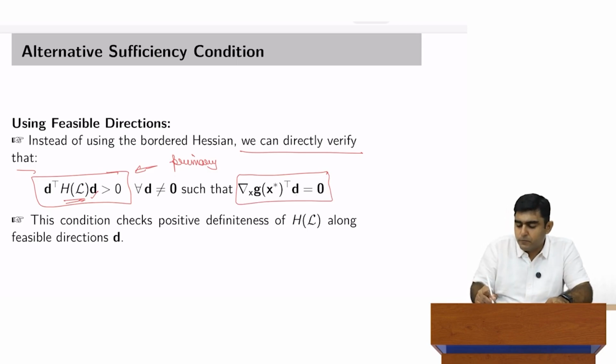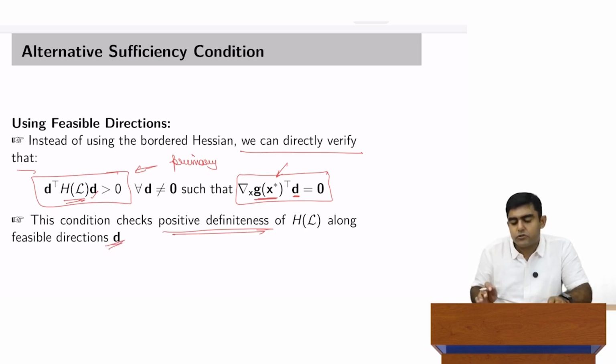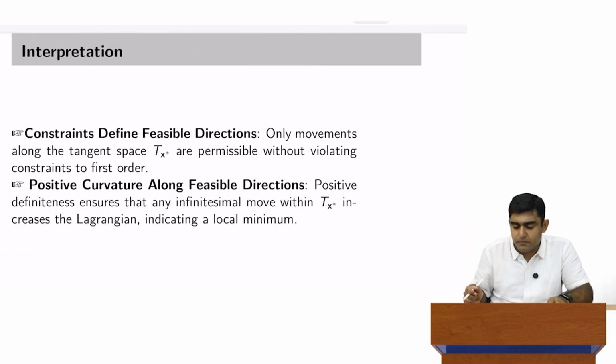That means, if we move a small perturbation in the tangential direction of g x, we are not leaving the curve, and if this condition is satisfied, we can also ensure the positive definiteness of H L along the feasible direction D, and that ensures that our point indeed is a minima.